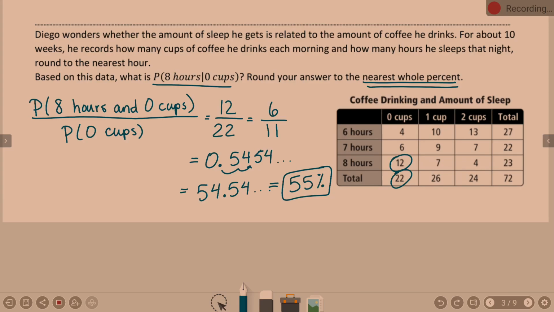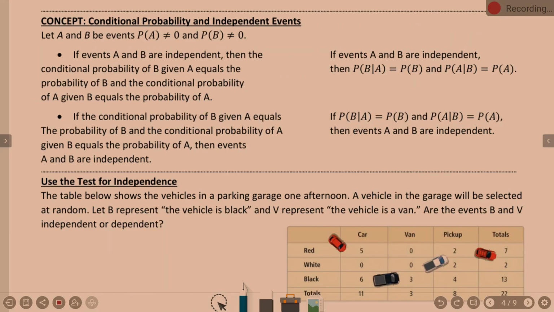Okay. On to the next page. The top of the next page here, we talk about the connection between conditional probability and independent events. Remember, we introduced independent events yesterday. 2 events are independent if the first does not affect the second and the second does not affect the first. Okay. Now, how this affects conditional probability.